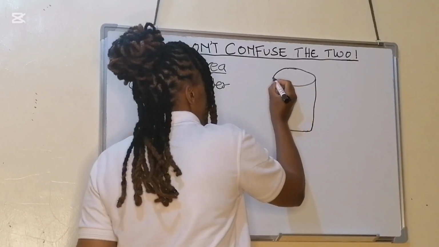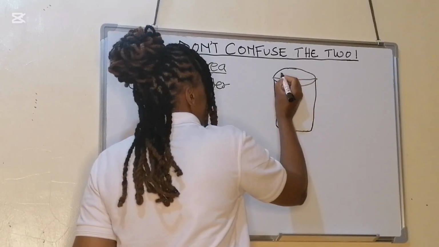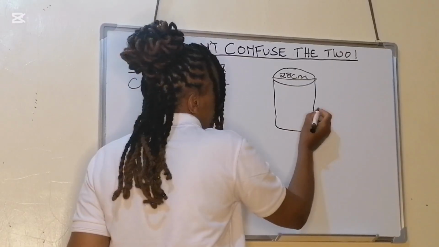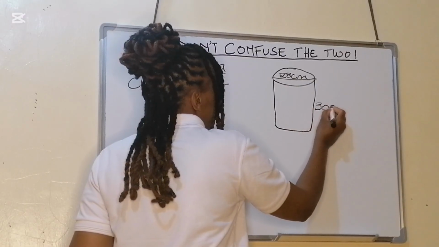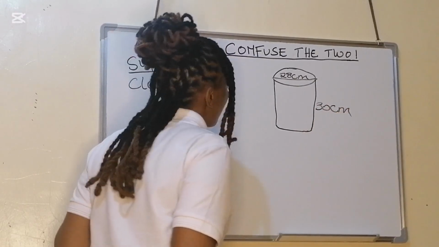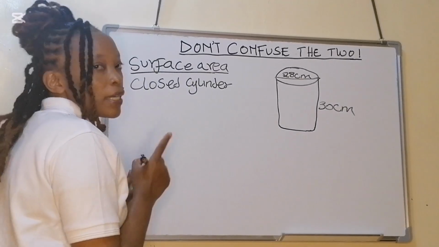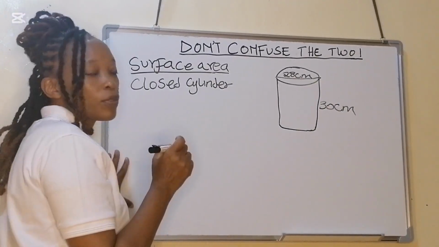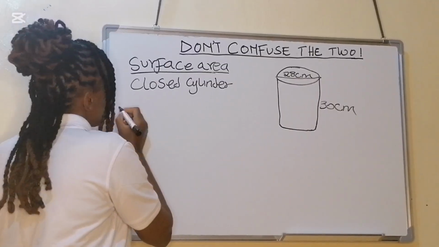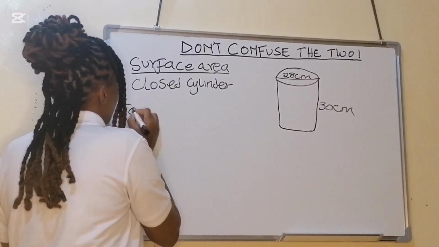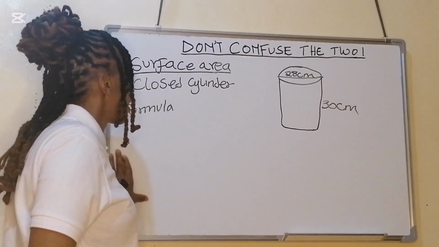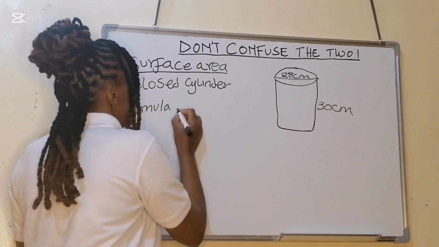So this is our cylinder. It's 28 centimeter. This is diameter. Height is 30 centimeter. So be keen. That one is diameter. Sometimes they will give you radius. So first of all, we are going to write the formula for calculating surface area of a closed cylinder.